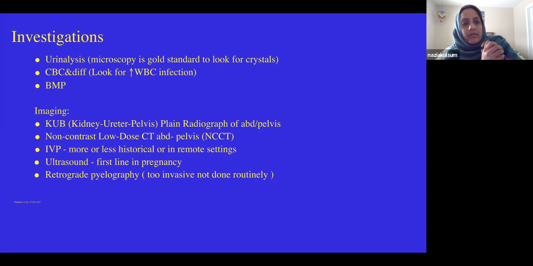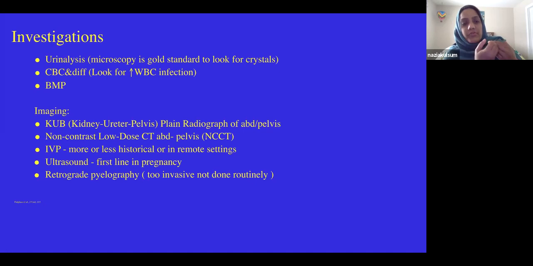Then we talked about KUB. A plain X-ray of the abdomen would be helpful, with less radiation. This is when you have a stone that is radio-opaque that you may see this, and it also depends on the location and the size.